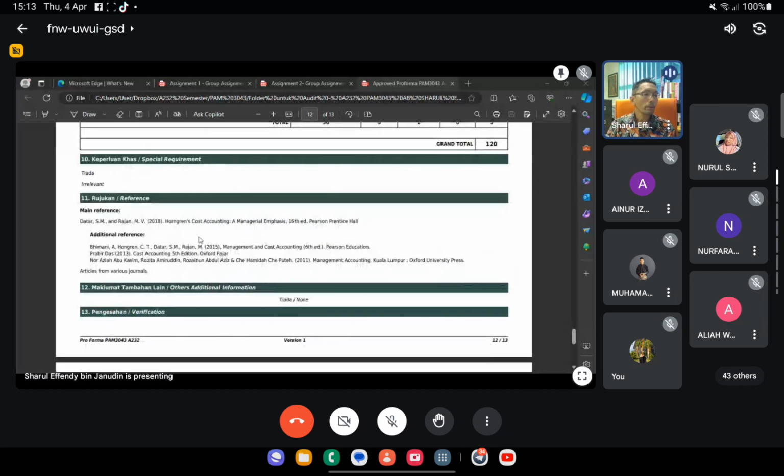In terms of reference, we don't have a specific reference. You may refer to the Datar or Horngren textbook, or maybe Bimani or Prabirdas, or any relevant article. And that is about your Proforma.